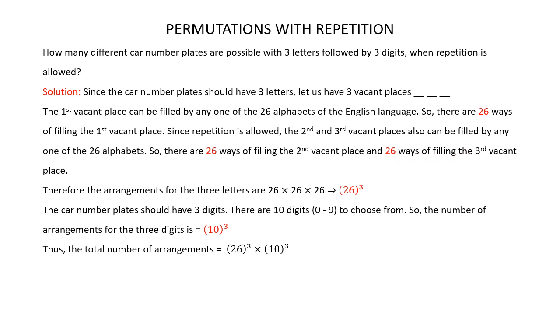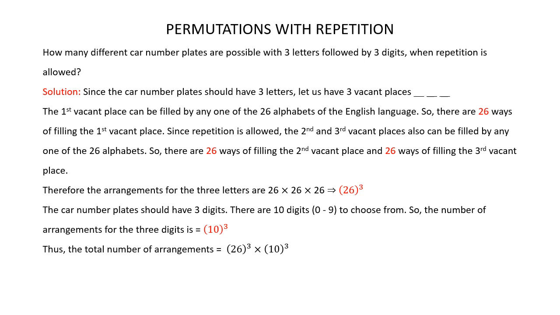Now, the arrangements for the 3 letters is equal to the number of ways of filling the first vacant place and the number of ways of filling the second vacant place and the number of ways of filling the third vacant place. Now, you know that and means multiplication. So, the arrangements for the 3 letters are 26 multiplied by 26 multiplied by 26, which is nothing but 26 raised to the power 3.